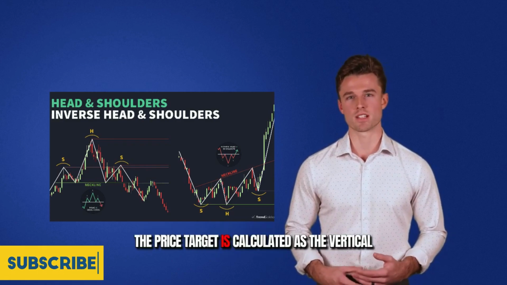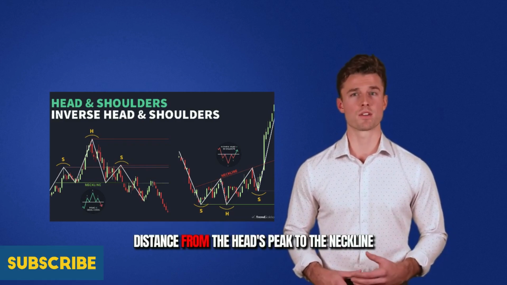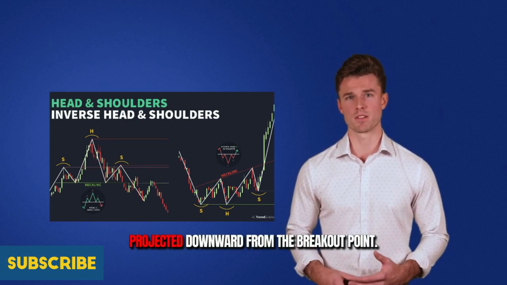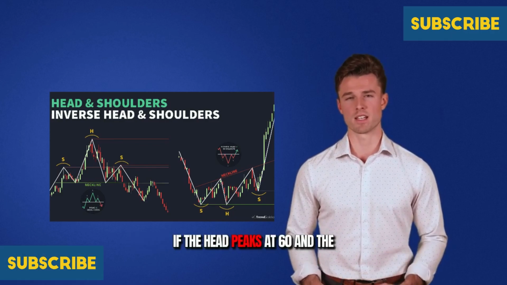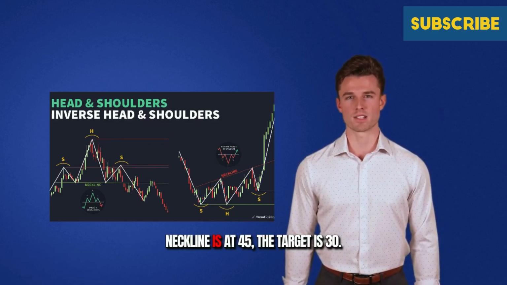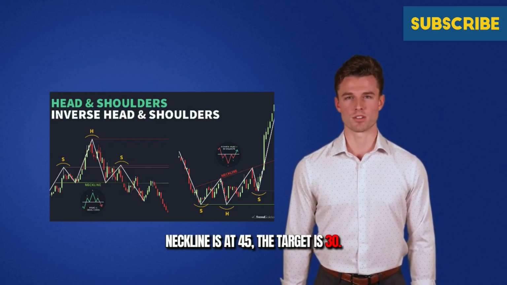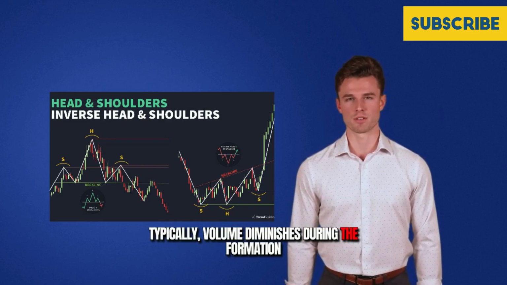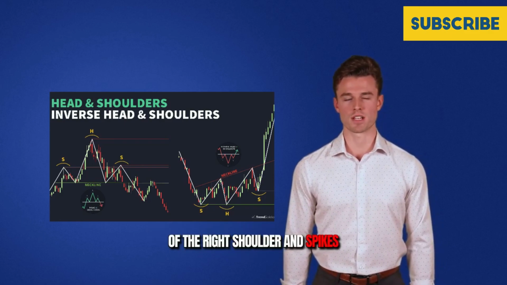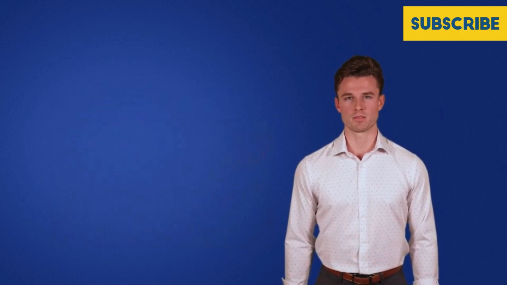The price target is calculated as the vertical distance from the head's peak to the neckline, projected downward from the breakout point. If the head peaks at 60 and the neckline is at 45, the target is 30. Typically, volume diminishes during the formation of the right shoulder and spikes during the neckline breakdown.